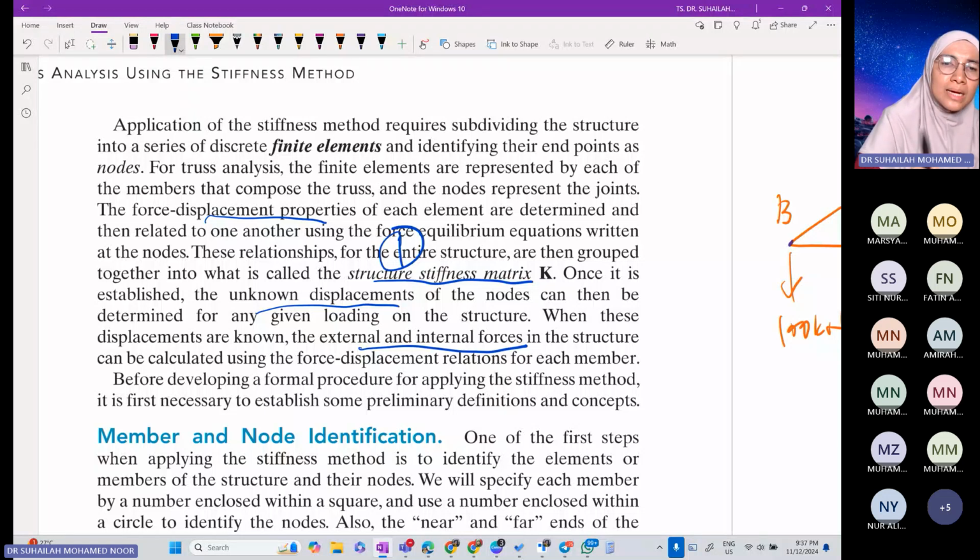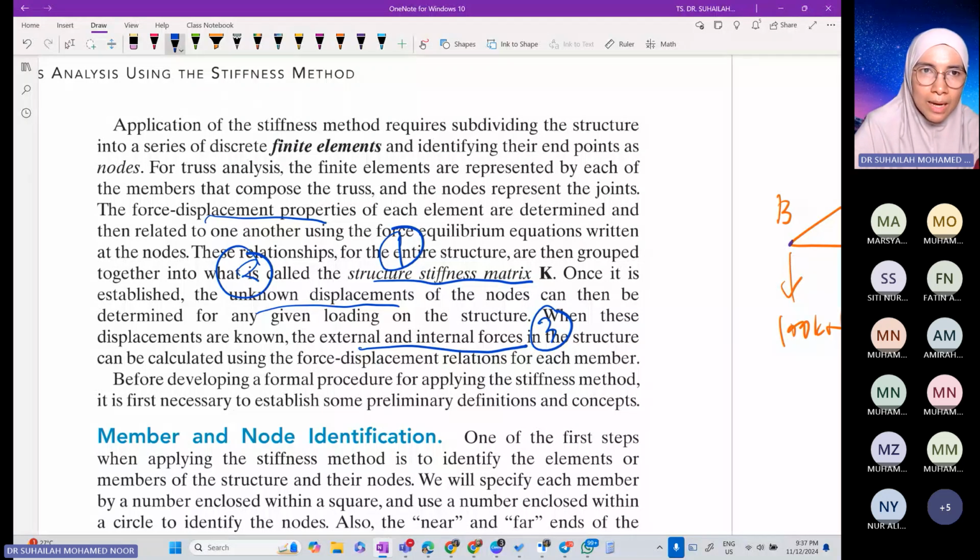And then we apply force displacement properties. After that, we solve for unknown displacement. And after that, we calculate the forces: reaction forces and also internal member forces.